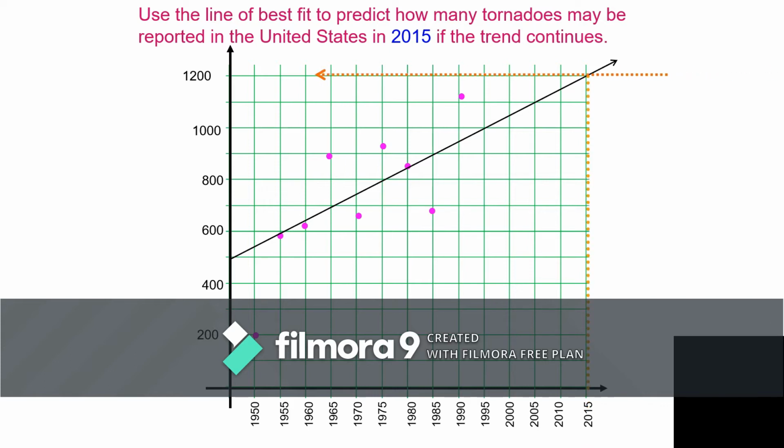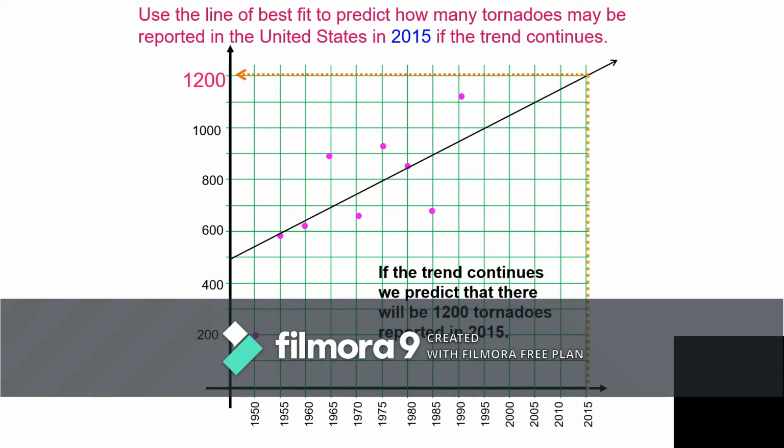So for 2015, 1200 will be the predicted result. If the trend continues, then you can say that the number of tornadoes reported for the year 2015 was 1200. The same way, if you are interested in finding the value for 1972, you can easily get the result using the graph we have.